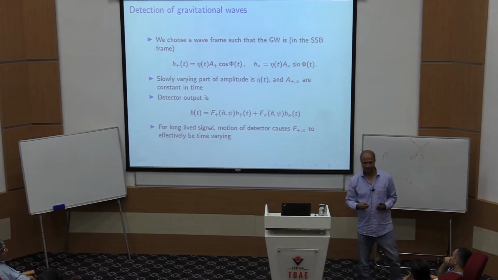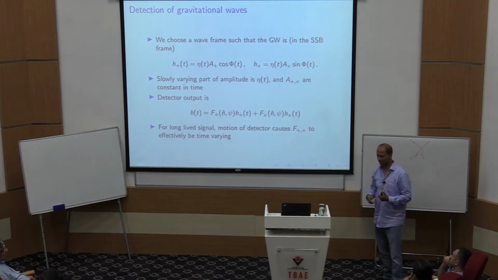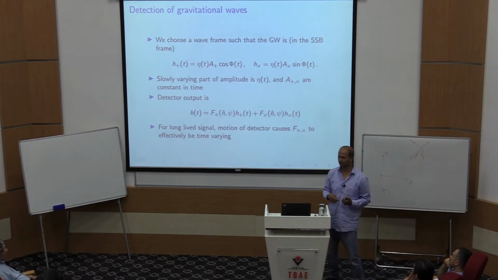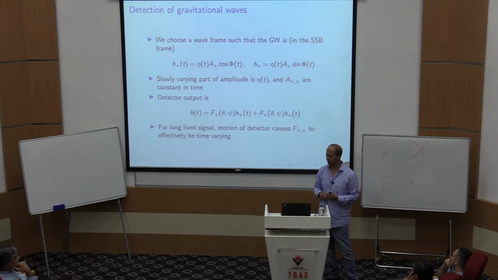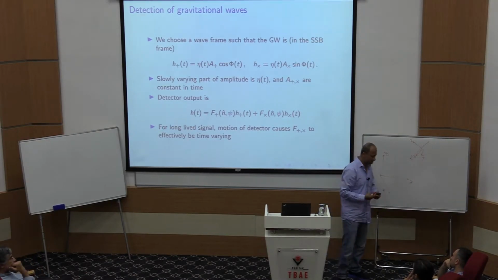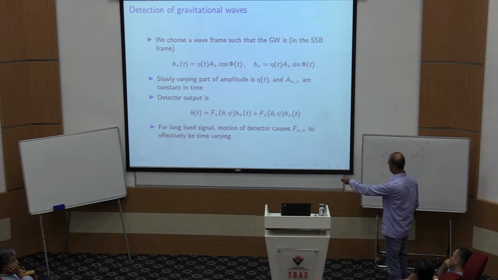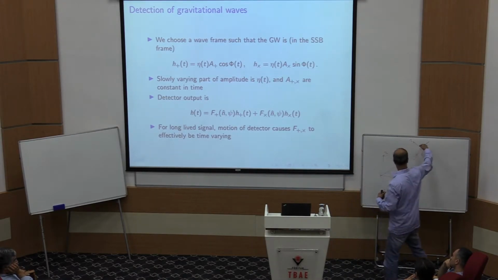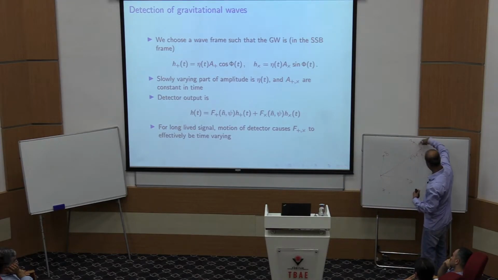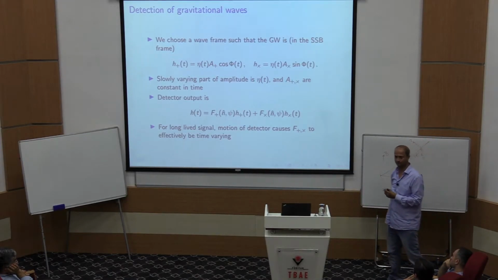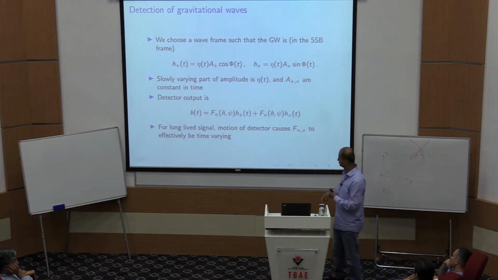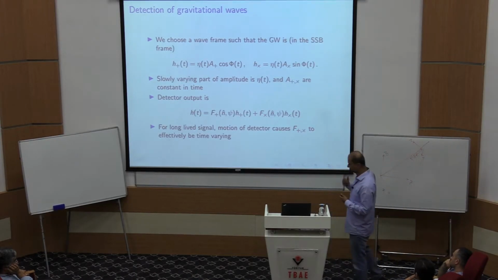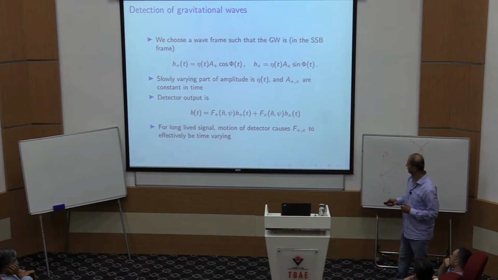And at the end of the day, this is just what you might have learned as the Euler angles in, let's say, classical mechanics. So there's three angles again for the Euler angles, and those are related then to the sky location, that is the direction from here to here, and the rotation and the orientation of this axis here. Okay? So that's why this F plus and F cross depend upon three angles and not two.